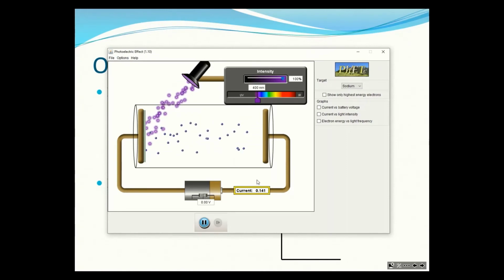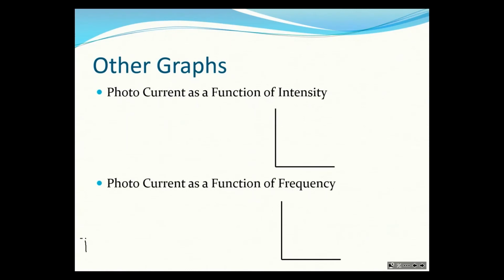And you can see we get a current because we have a charge passing a certain point in a certain amount of time. So remember that current I is equal to charge per time. The more charge we have, the more current we have.